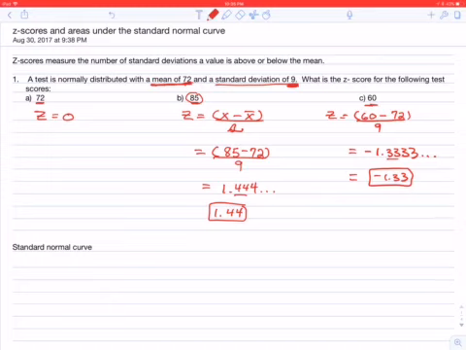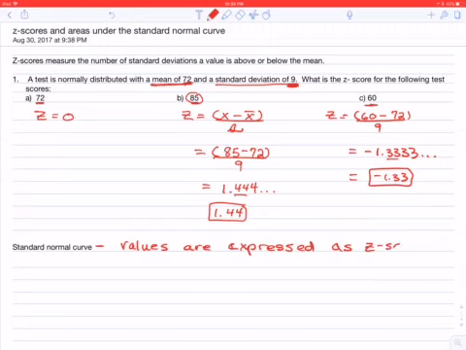Now, a standard normal curve is when all the values are expressed in terms of Z-scores. All the values are expressed in terms of how many groups of our standard deviation the value is above or below the mean.